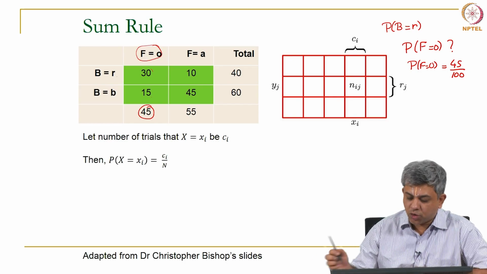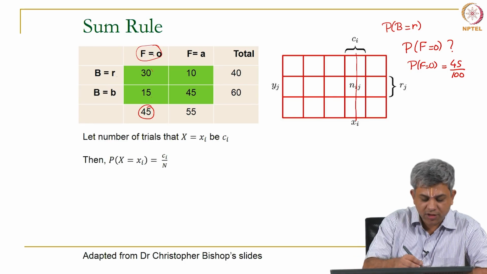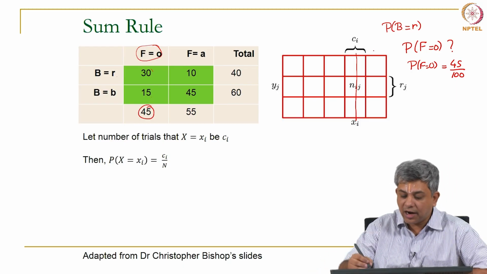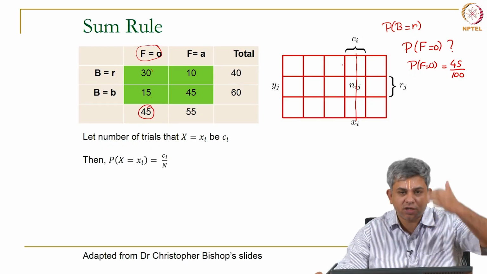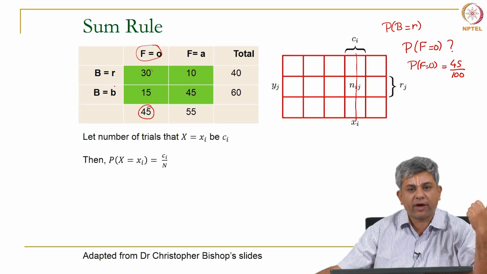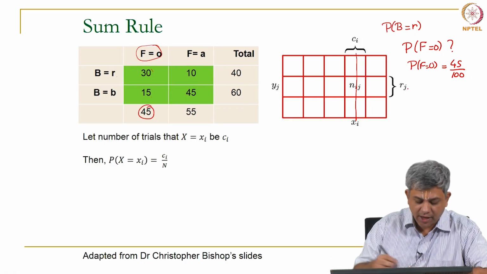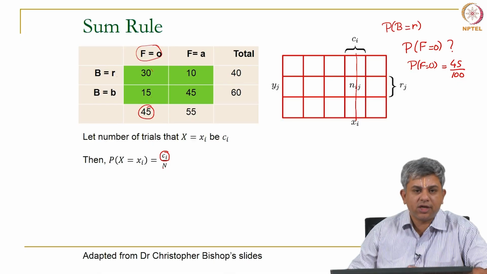Okay. So, here Ci basically is the sum of this column, which is what we got here, regardless of what value of y was taken. So, we take a summation over all the possible values of y, in this case all the possible baskets that the fruit could have come out of, and the total there is called Ci, and the total number of trials obviously remains the same.